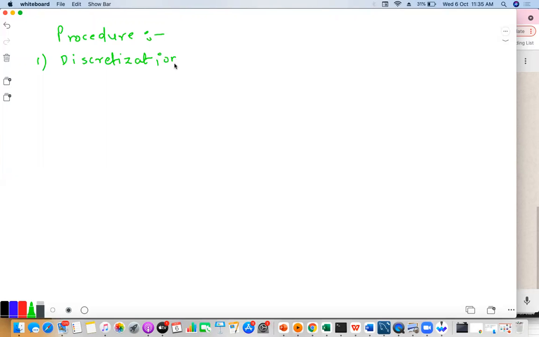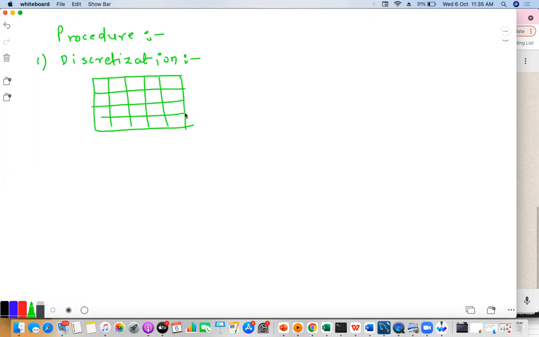And what is meant by discretization? I divide the geometry into small elements, right? So element 1, element 2. So this is the whole geometry and I have divided it into small elements.